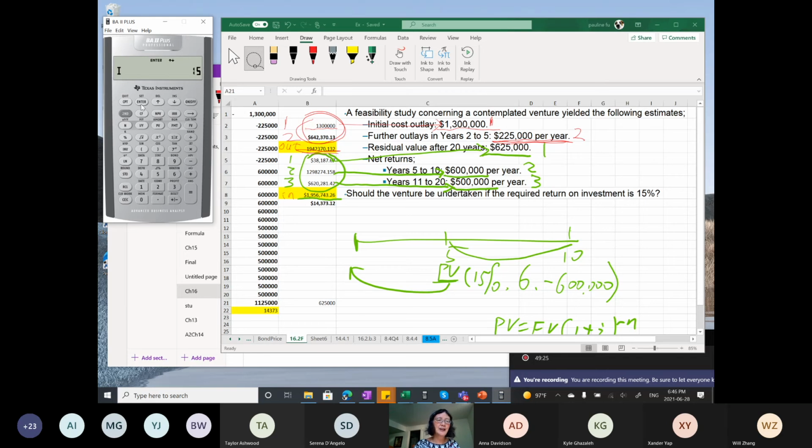Just type in 15, enter. The last step: after enter, you press the down arrow key. You have NPV. Then you press CPT, compute. See, this number agrees with my Excel number here: $1,373.12.